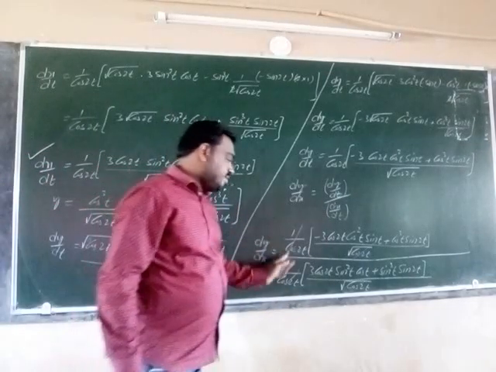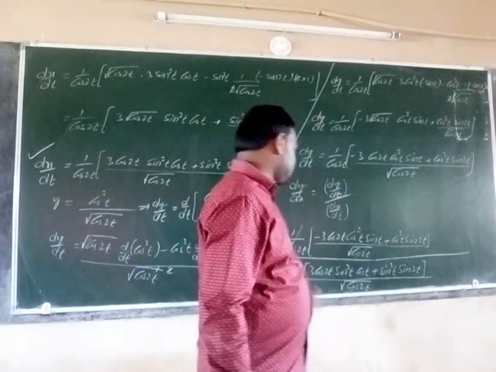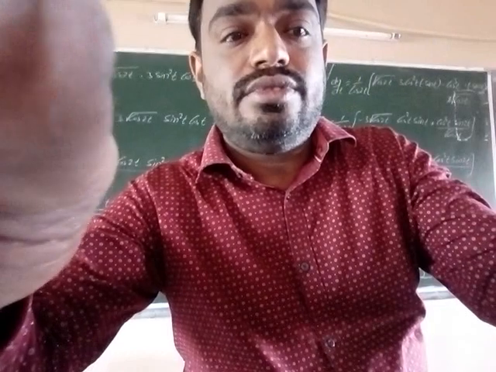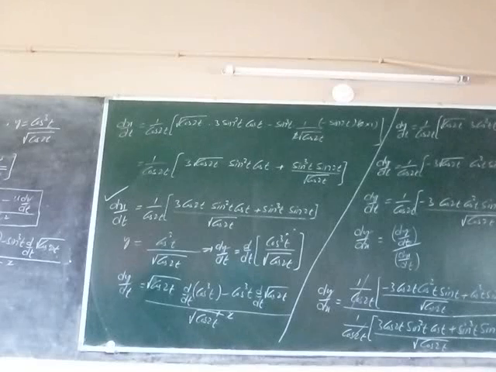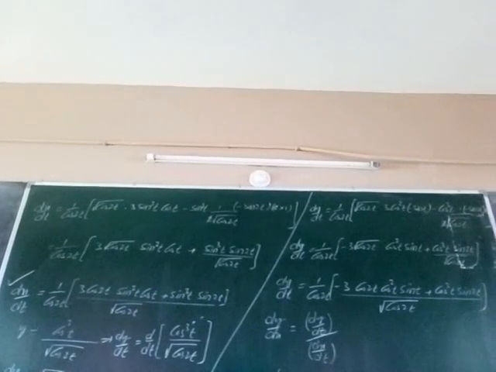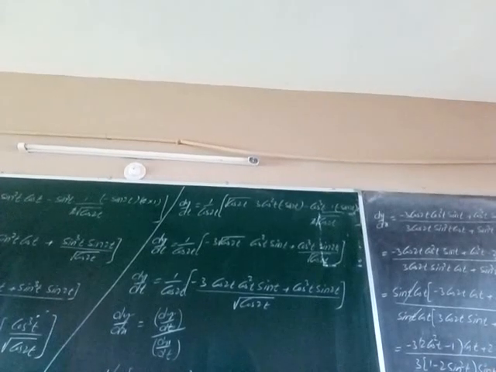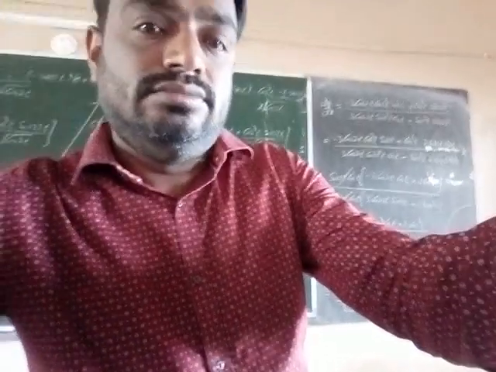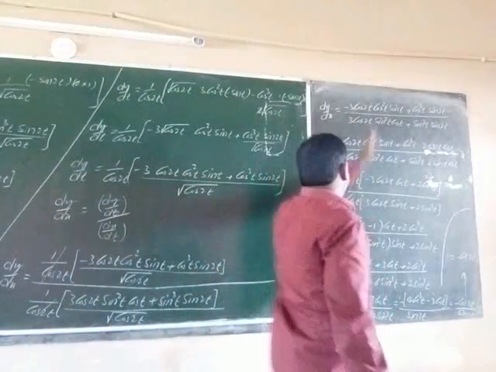You see 1 by cos 2t by 1 by cos 2t, the same denominators get cancelled. The remaining I will write in the next step.